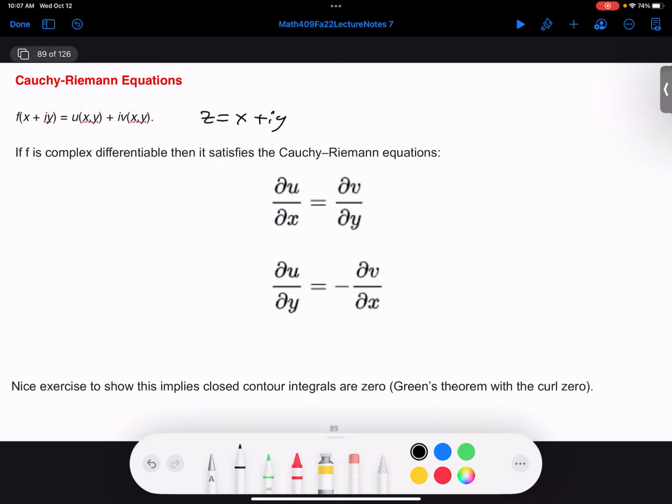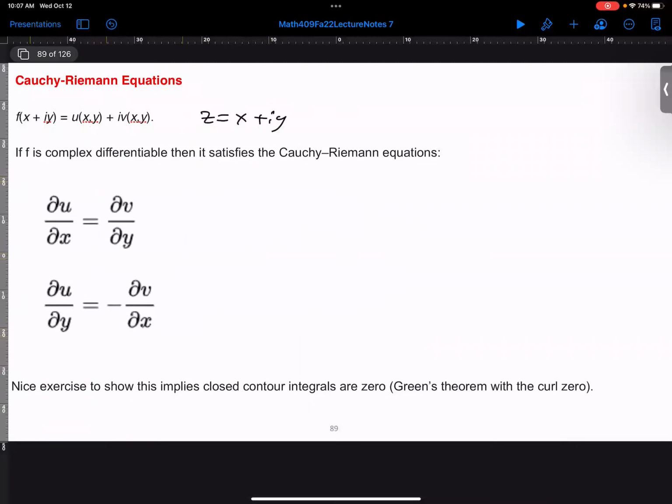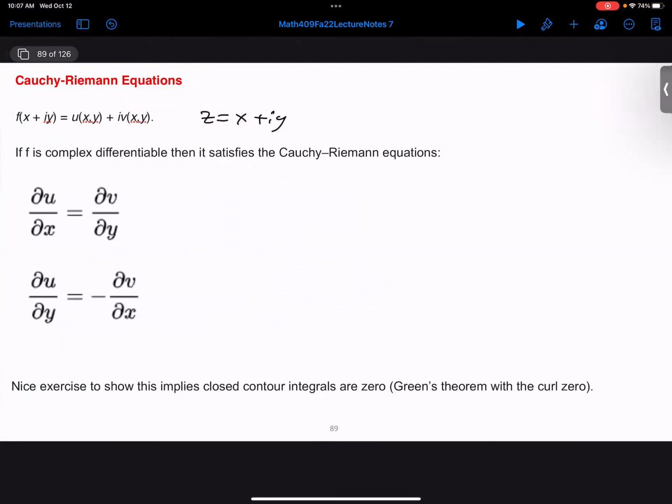If you take any constant, then clearly f of z plus h minus f of z will be, what would that be? If you take f to be constant, what will the derivative of a constant be? 0. And so u would be 0, v would be 0, Cauchy-Riemann equations would be satisfied.